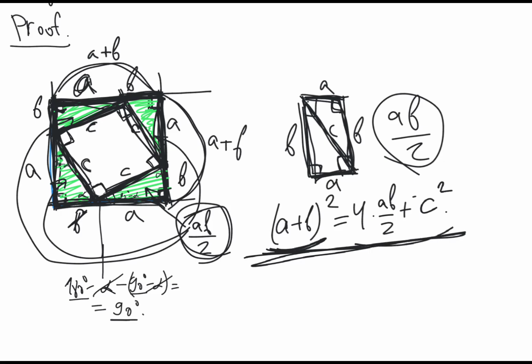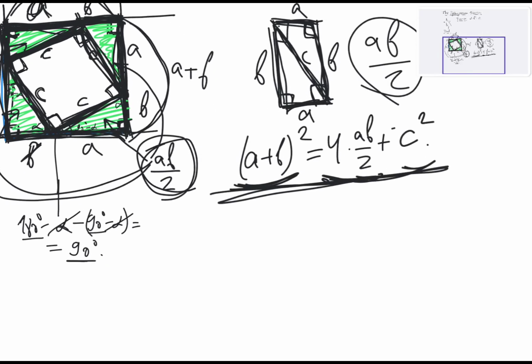On the other hand, it's the sum of the areas of the parts that it consists of. So four equal triangles with the area AB over 2 each. So 4 multiplied by AB over 2 plus the area of the central square, which is C squared.